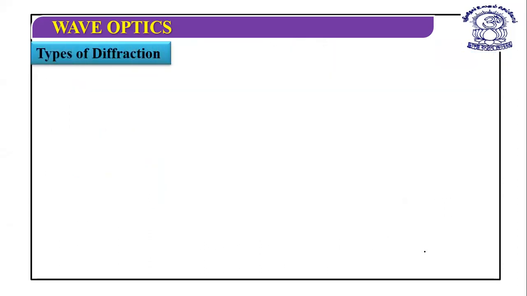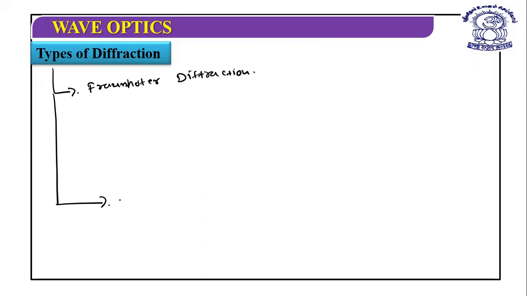Now, there are two types of diffraction. One is Fraunhofer diffraction and the other one is Fresnel's diffraction.